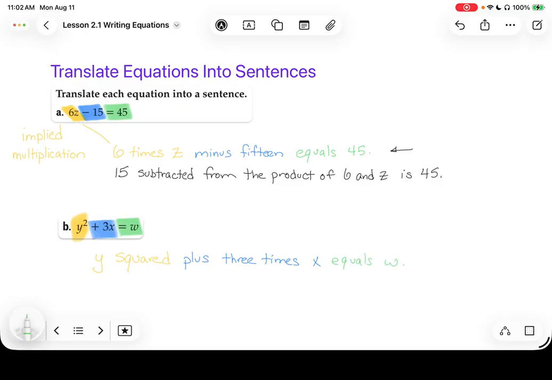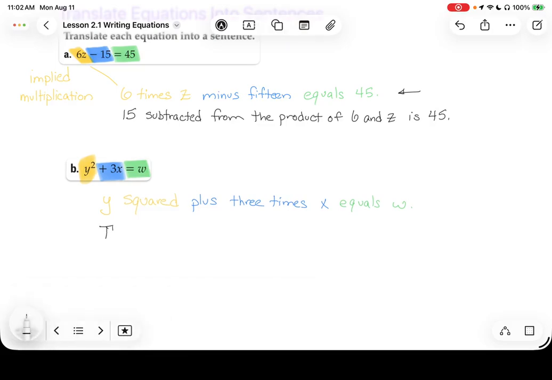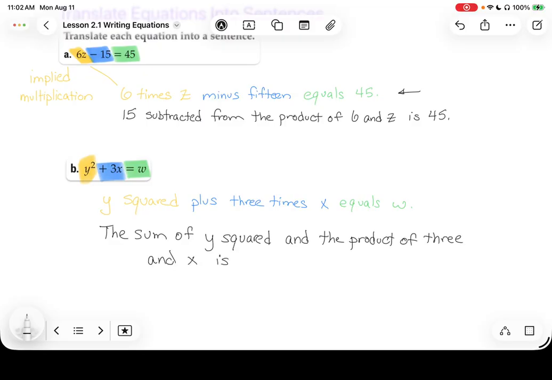And I think this is the easiest, simplest way to write it. But if you were thinking to yourself, what's a really bizarre, crazy way to write it? Let's try, oh, here's a weird way to write it. Let's do the sum of y squared and the product of 3 and x is w.